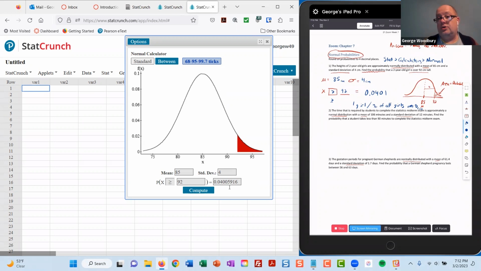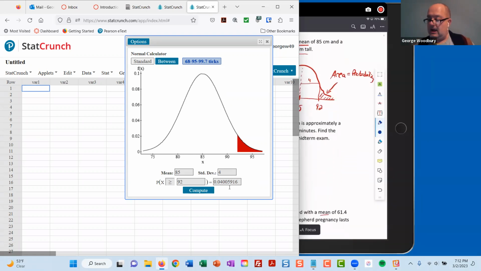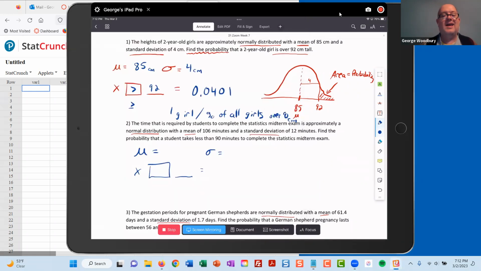All right, what I'd like you to do is read through problem 2. And I want you to list the mean, the standard deviation, the sign that you're going to use for X, and the number that you're going to type in. Sorry, I'm writing all this in. You can't see it. There we go.